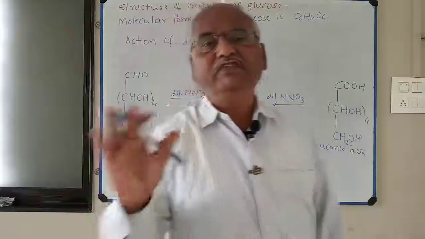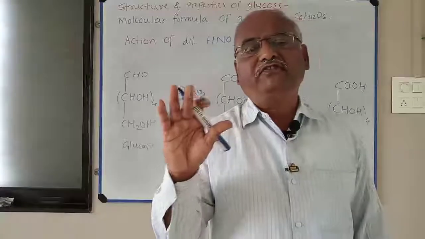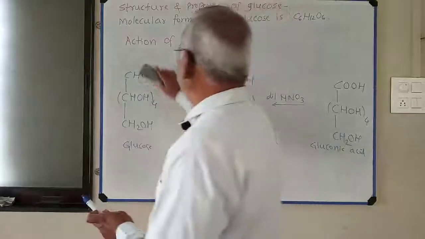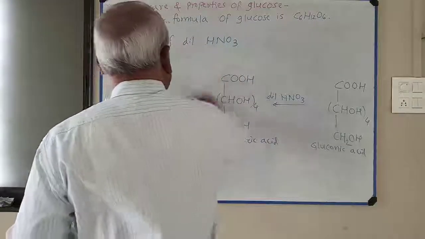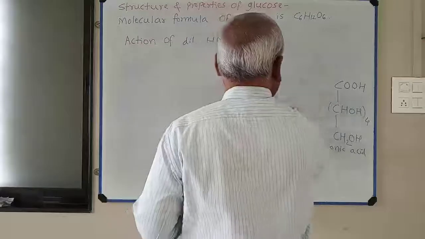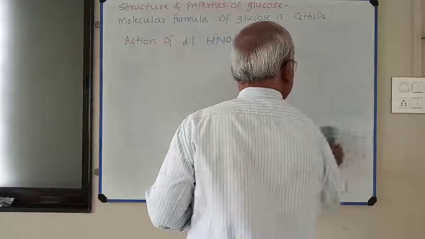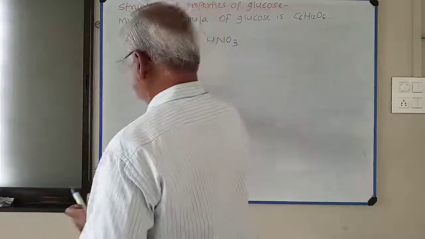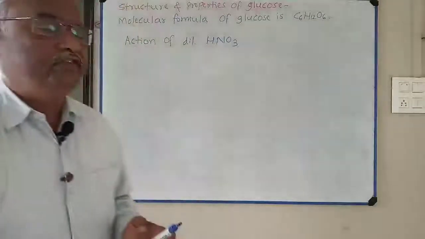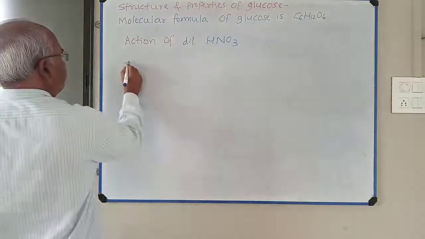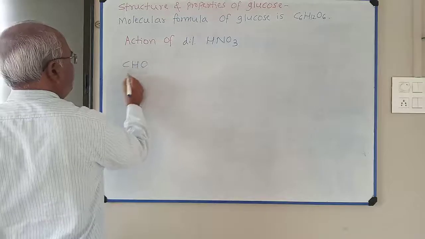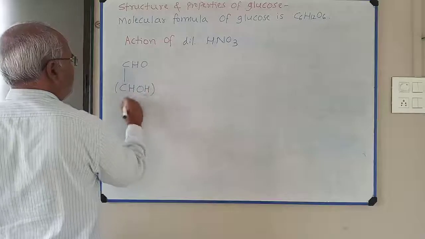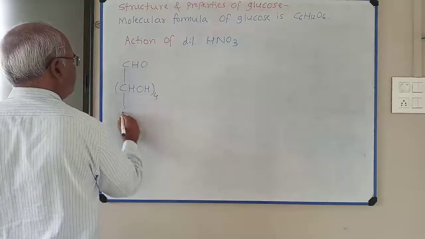After studying these reactions, scientists suggested the open chain structure of glucose. I represent the open chain structure of glucose in this way: CHO, (CHOH)4, CH2OH.